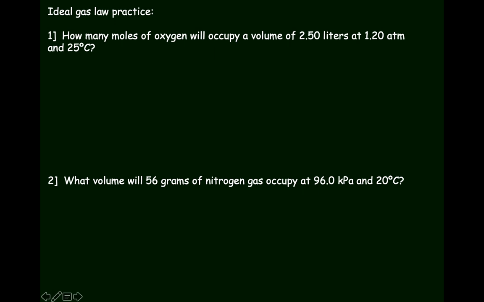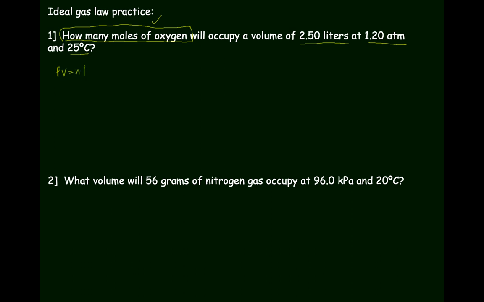All right, so let's just say you have this calculation, and it says how many moles of oxygen will occupy a volume of 2.5 liters at 1.2 atm at 25 Celsius. It's asking me how many moles of oxygen. I'm given some gas values, so I know I'm going to use the ideal gas law.